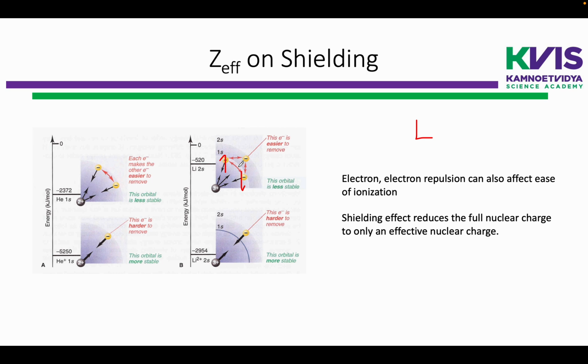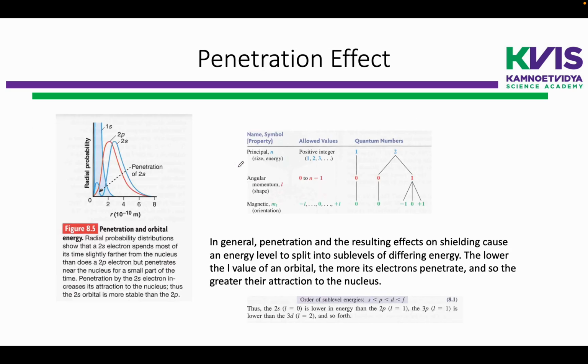Okay, so another concept I'd like to introduce is called the penetration effect. Here we have the 1s, the 2p, and the 2s orbital, right? We can see that the 2s orbital actually penetrates closer to the nucleus of my atomic structure.